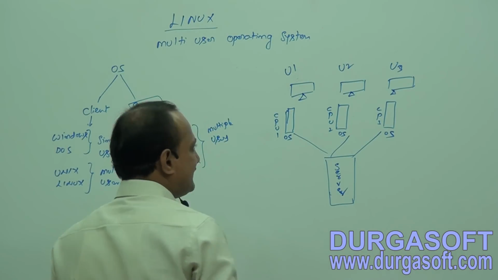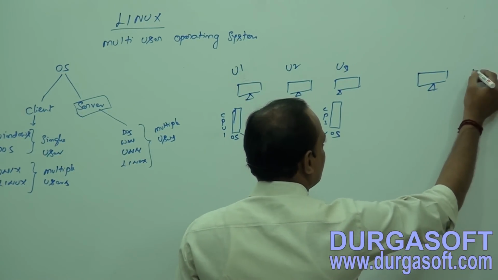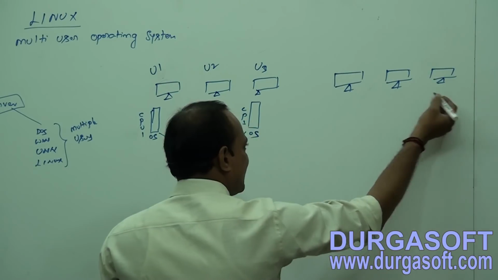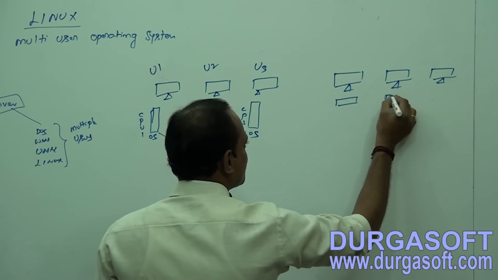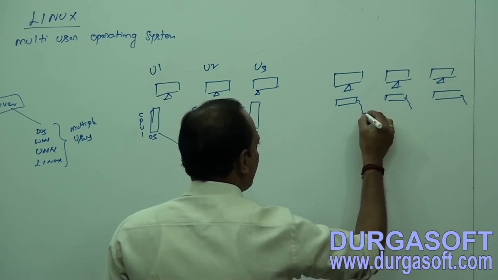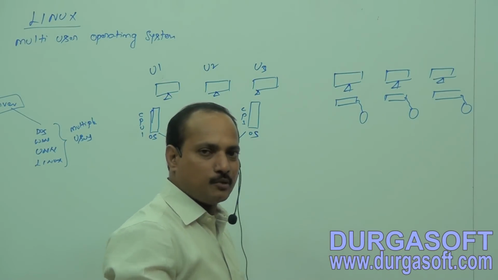But in this case, see, there are only monitors, input devices and output devices. Monitors, keyboards, and a mouse. There is no CPU at all.